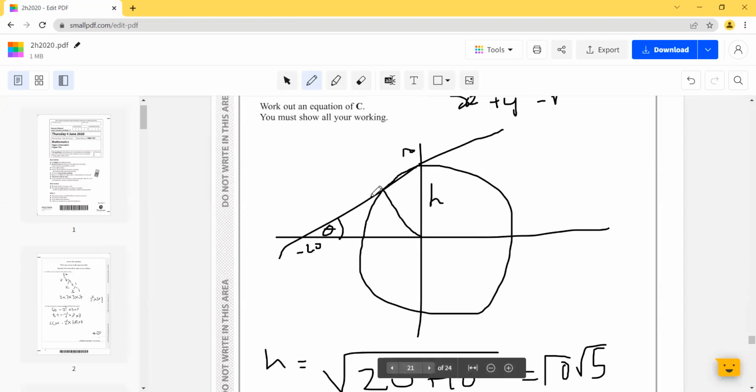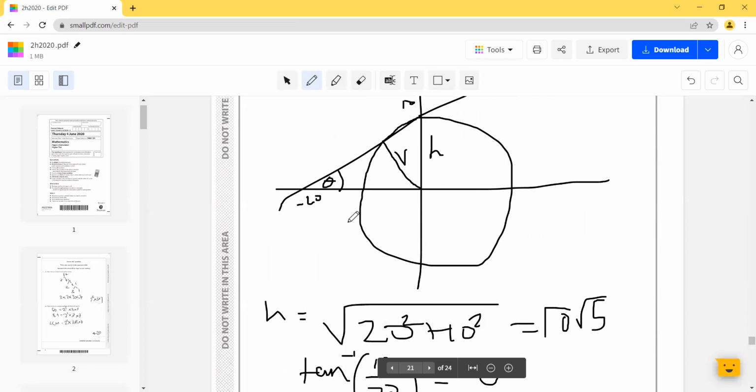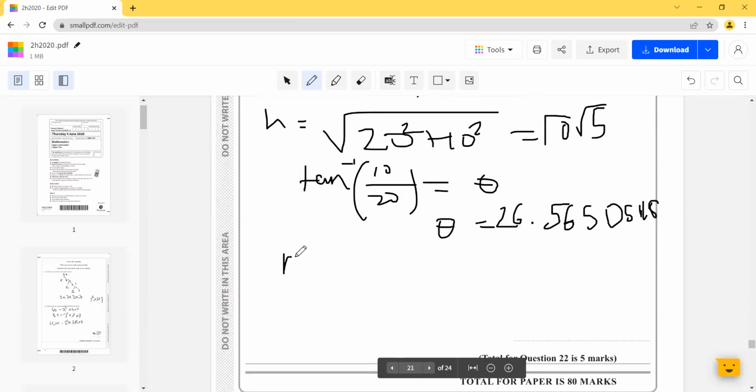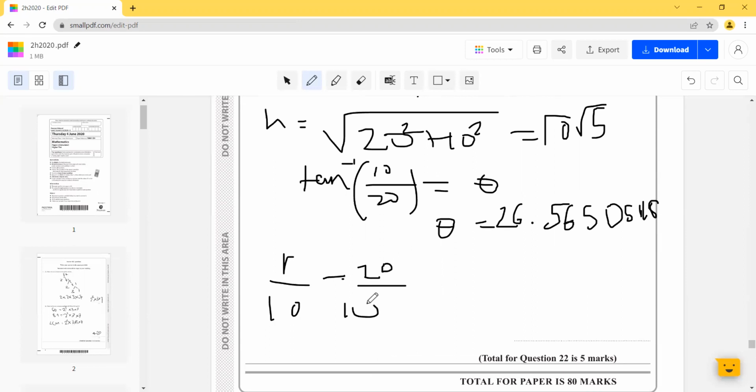So I have the value of theta. I know what the radius is. Well, I can do that simply by doing r over 10 is equal to 20 over 10 root 5. I don't know, that's if I did it geometrically, that's what I would get.